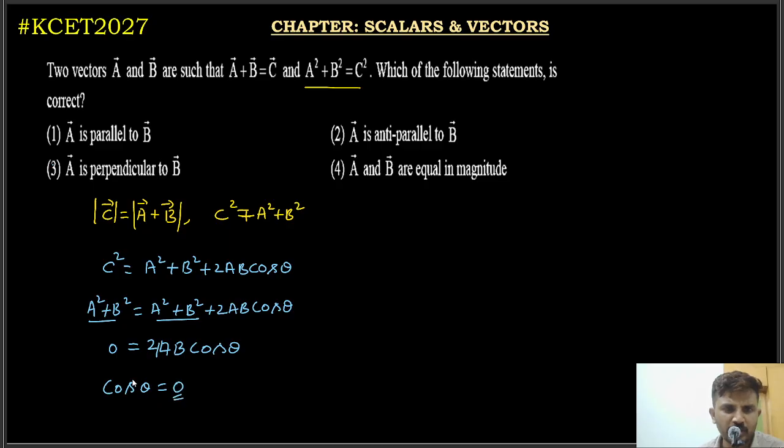For what value of theta will you get 0? Cos 90 is equal to 0. That is 90 degrees. That means A vector is perpendicular to B vector. Or else you can consider this as the Pythagorean theorem. If C is the hypotenuse, then A and B must be the opposite and adjacent sides. So there should be an angle of 90 degrees between A and B. Based on that also you can answer.